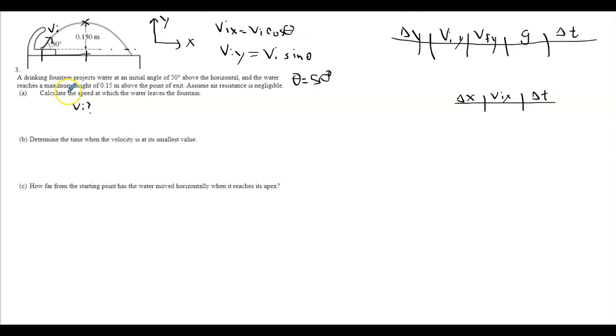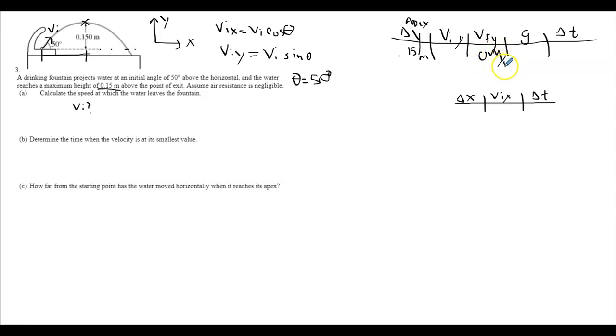It says it reaches its maximum height of 0.15, so that's going to be our apex or our max. So I'm writing apex here, which is the word that I've used in class to describe the highest point. So that's 0.15 meters. At the apex, we should recognize that the speed at the apex in the y direction is 0, so this is going to be a 0 here.